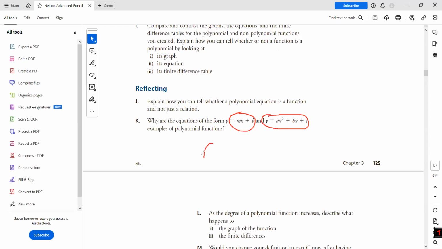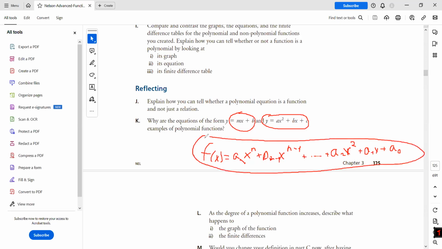These are two cases of a general form for a polynomial function: an x to the power n plus an minus 1, x to the power n minus 1 plus, and then we skip, plus a2x squared plus a1x plus a0.